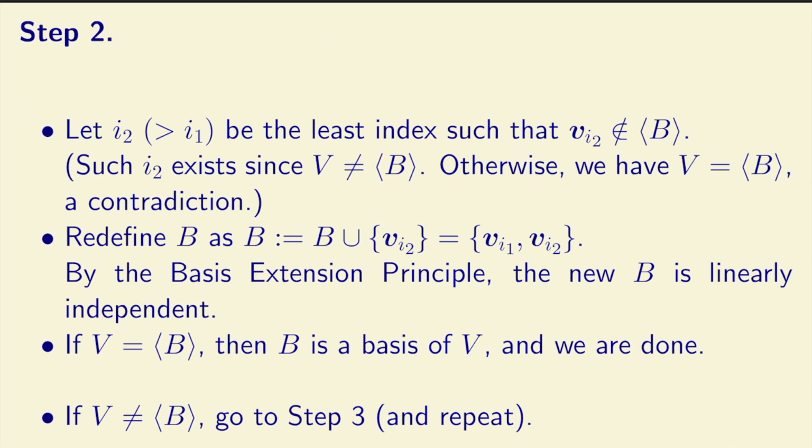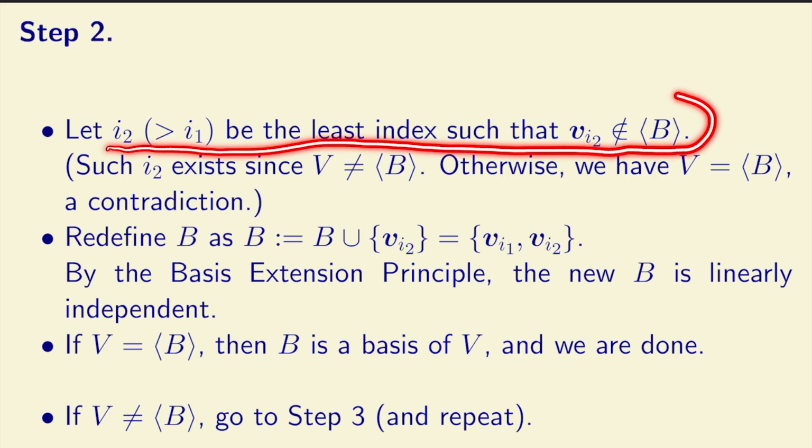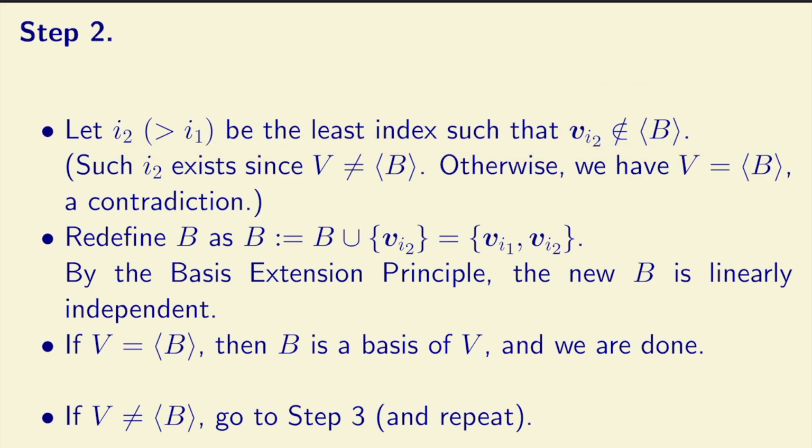Let i2, which is greater than i1, be the least index such that vi2 does not belong to the subspace spanned by B. Such an index i2 must exist, because if all remaining vi's were in the subspace spanned by B, then V must be equal to the subspace spanned by B, which contradicts our assumption that V is not equal to the subspace spanned by B.